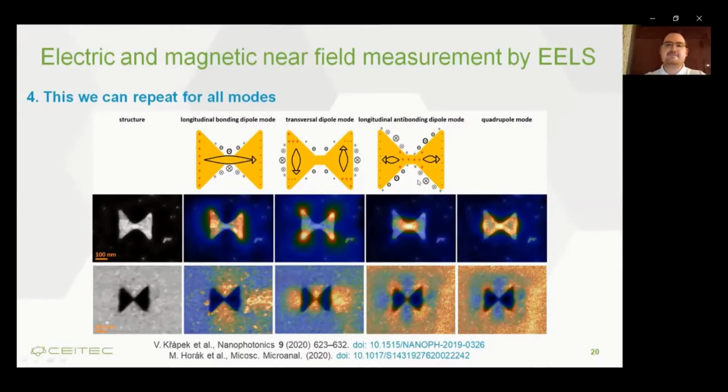And the same we have also for the other 2 modes, the longitudinal antibonding dipole mode and the hexapolar quadrupolar mode. So this is the easy strategy how we can indirectly measure the magnetic field of a particle by measuring the electric field of the aperture.